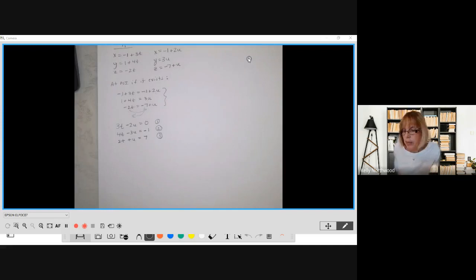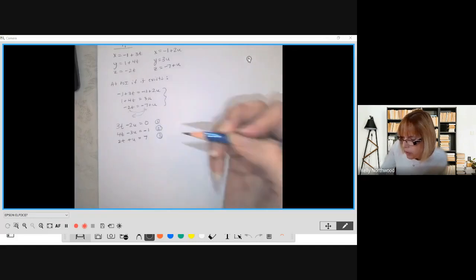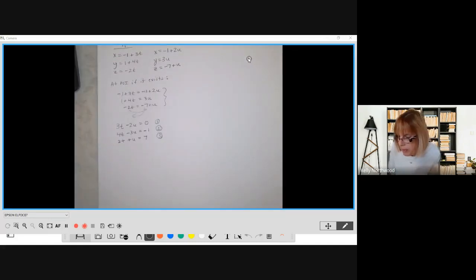If it doesn't work, then we have skew lines. So we have to decide whether we're going to solve 1 and 2, 1 and 3, or 2 and 3. Does anyone see something here where it might be easier to use a certain 2 of them?